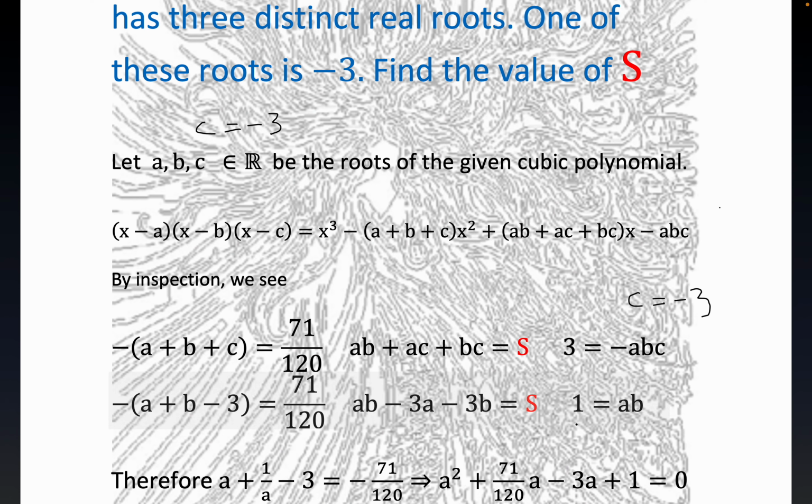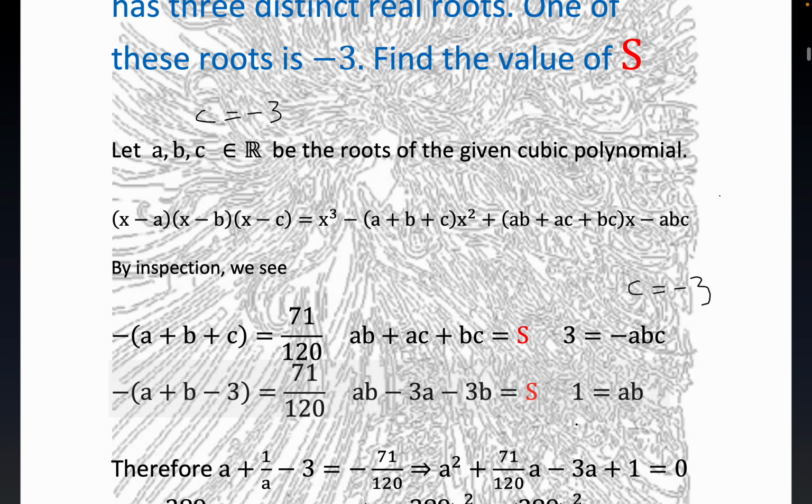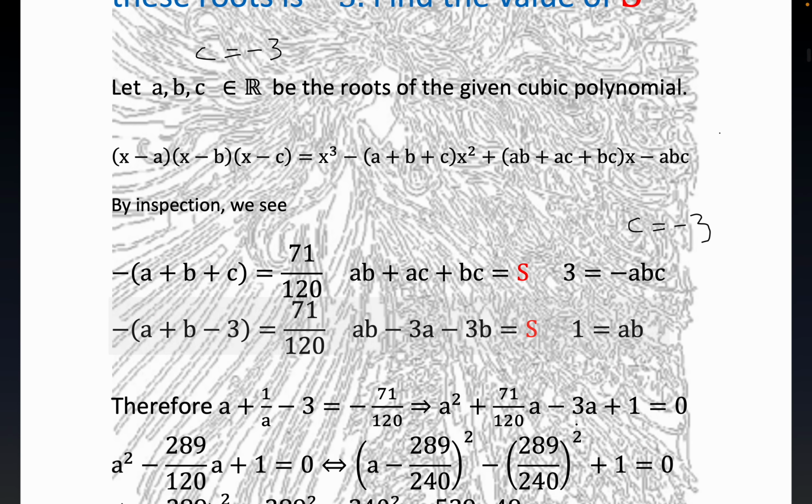That comes in quite handy because we can replace b with 1 over a. We divide through by a, and we get b is equal to 1 over a. So that turns one equation and two unknowns into one equation and one unknown. I simply replace b with 1 over a.